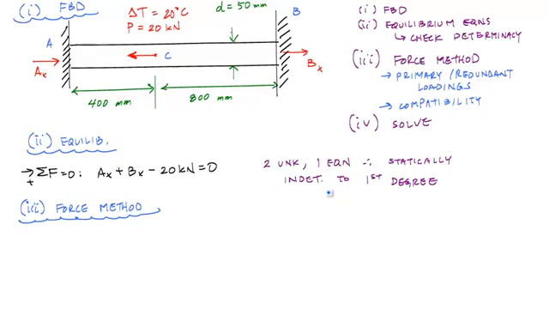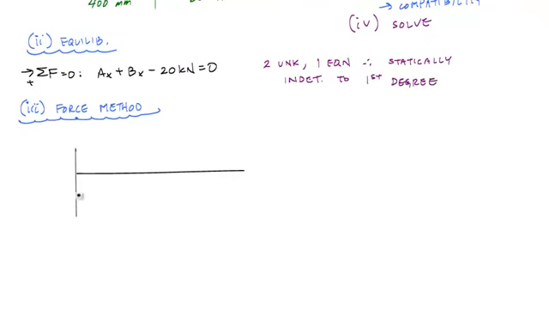That means I have to remove one of the redundant reactions. And in this case, I could remove the reaction at B so that my structure will look like this. And now I'm going to apply the loading back to it. By principle of superposition, I can also separate the loading. So I can apply one drawing with the 20 kilonewton load applied to it.